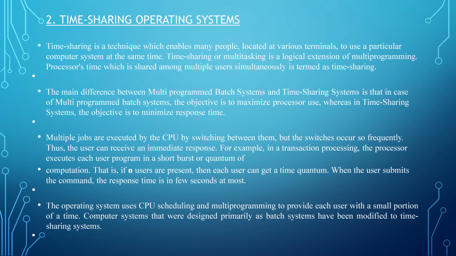When the user submits the command, the response time is a few seconds at most. The operating system uses CPU scheduling and multiprogramming to provide each user with a small portion of time. Computer systems that were designed primarily as batch systems have been modified to time-sharing systems.